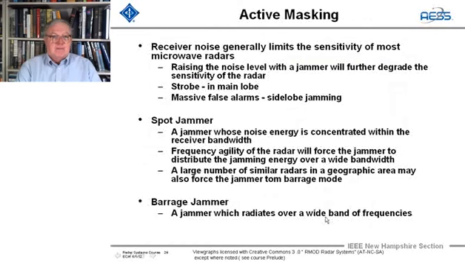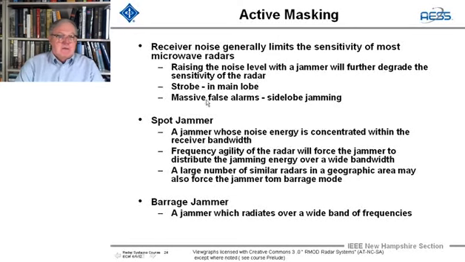and these deal with the location of the jammer relative to threatening targets. Now, for active masking, the receiver noise generally limits the sensitivity of most microwave radars. And we want to raise the noise level with a jammer to further degrade the sensitivity of the radar. It will give a big strobe at one angle in the main lobe whenever the antenna points in the direction of the jammer.